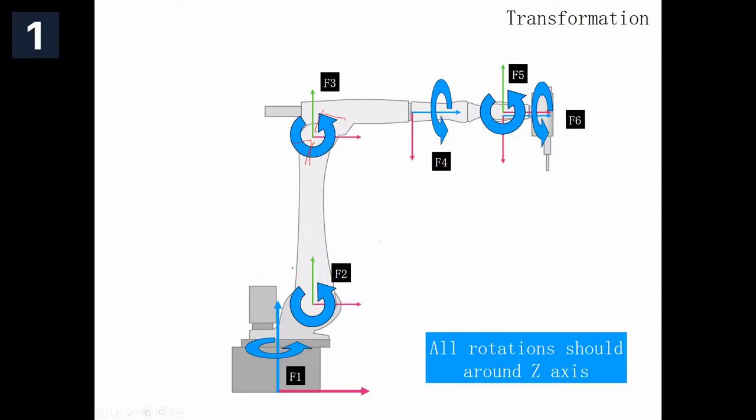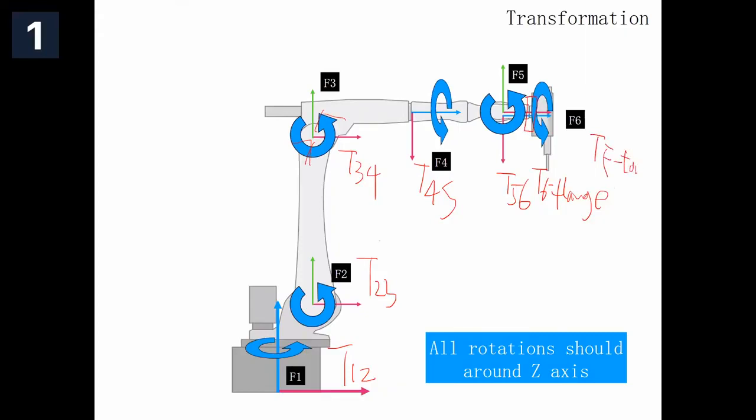In robots, we have a lot of axes. T1,2. This is T2,3. This is T3,4. This is T4,5. This is T5,6, and T6 to flange. Flange is these things, and T flange to TCP tool.